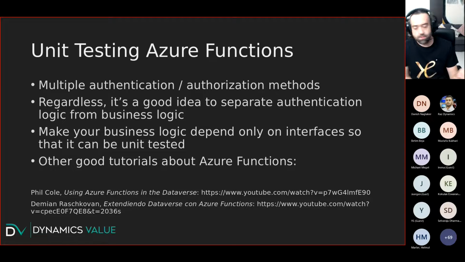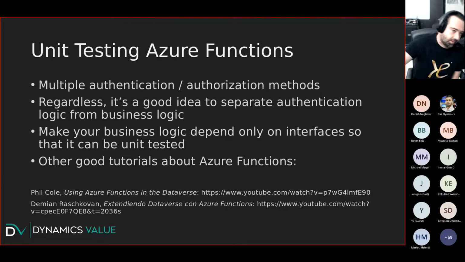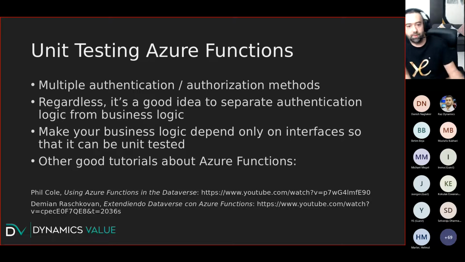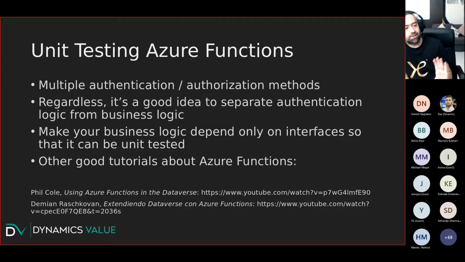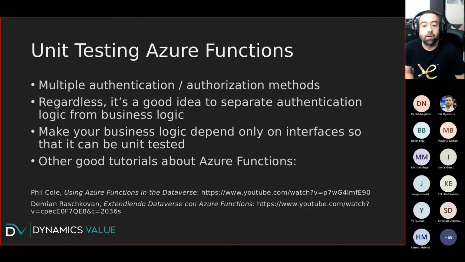For example, if you use an Azure function to create a contact against Dataverse whenever you receive a message from Service Bus, then the logic to create that contact can depend only on the IOrganizationService interface, or the IOrganizationServiceAsync interface, which is new in the database client package. But then you just set up the initiation logic, the authentication logic at the beginning, and everything else can just rely on the interface. And so you can use dependency injection and things like that.